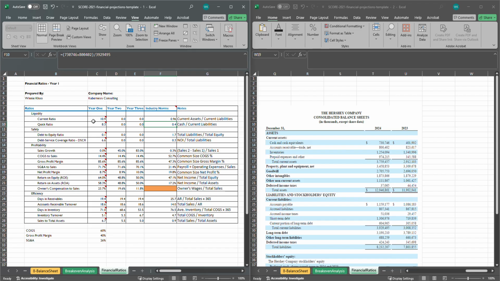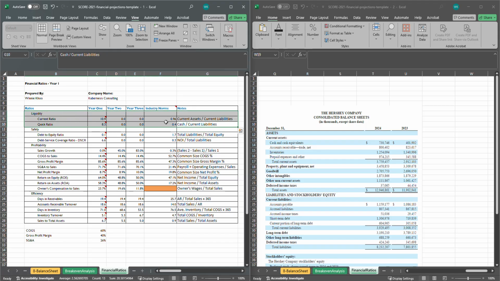For the quick ratio, we have cash and AR, the first lines, added together over current liabilities.